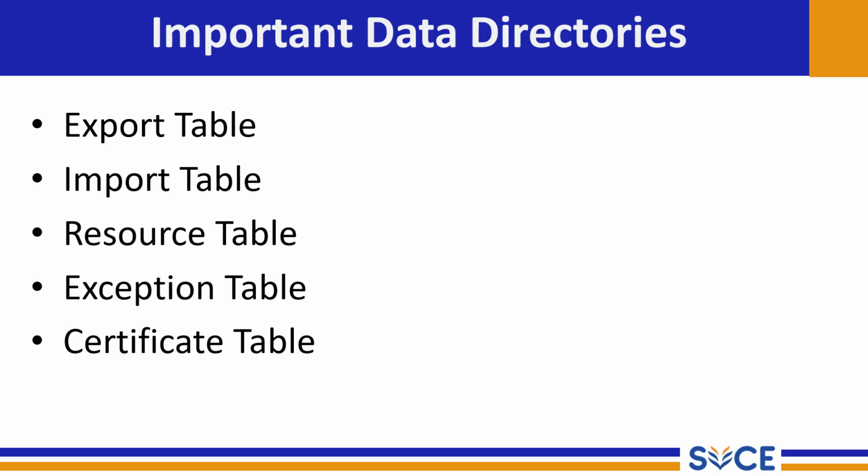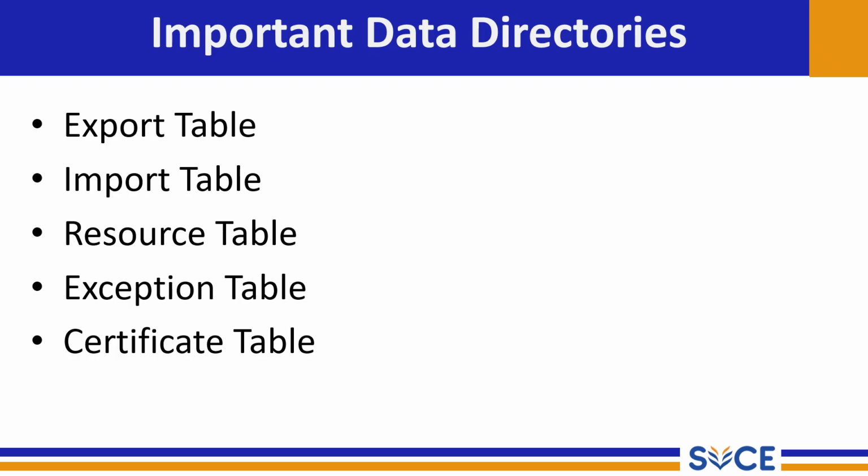So under this optional header, we have the important data directory, because without this data directory, we can't fetch that information from the PE header. That is the main thing which we have to use.